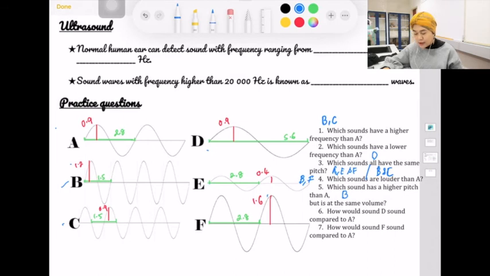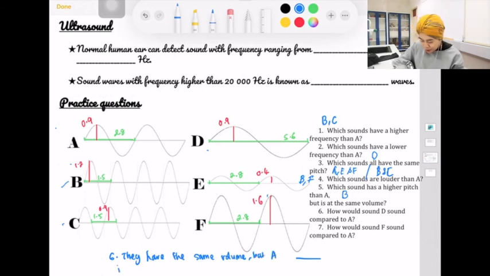And then question 6 asks you to compare sound wave D and sound wave A. They have the same amplitude, so they have the same volume, but they have different wavelengths. Because A has higher frequency, A has a higher pitch. And then for question 7, F and A both have the same frequency, so the same pitch, but F is louder.